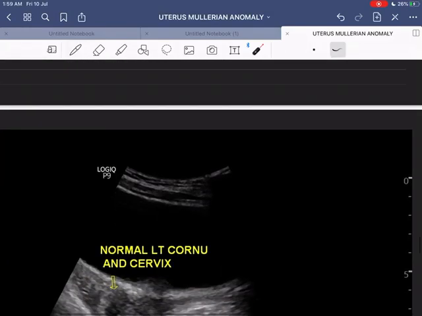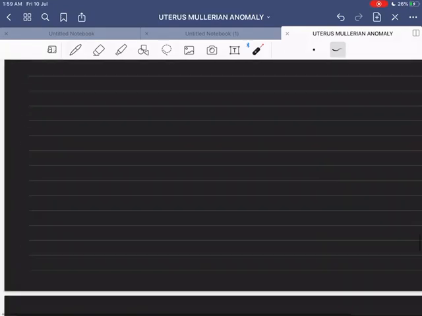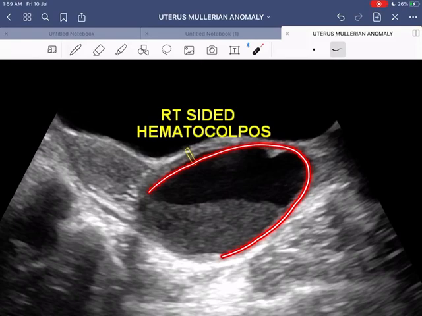Whereas on the left side, the cervix and the vagina were normal, but on the right side there is formation of this cystic structure with homogeneous internal echo.